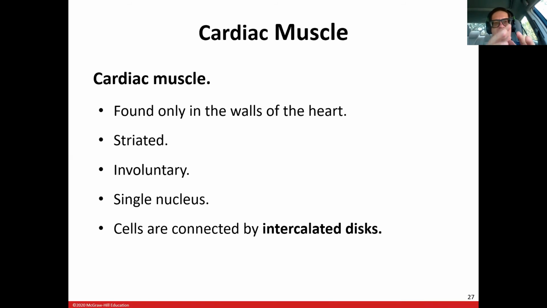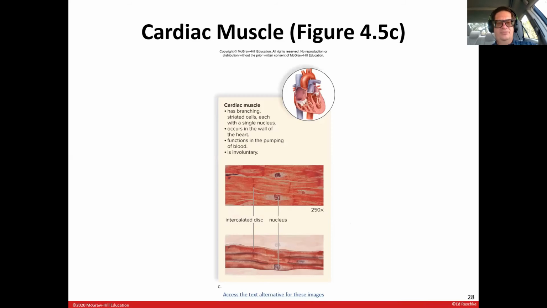They go from this cell to this cell to this cell through the intercalated discs. That's really important. So I want you to know intercalated discs chemically connect all of the cells. They allow chemicals to pass from one cell to another inside the heart.